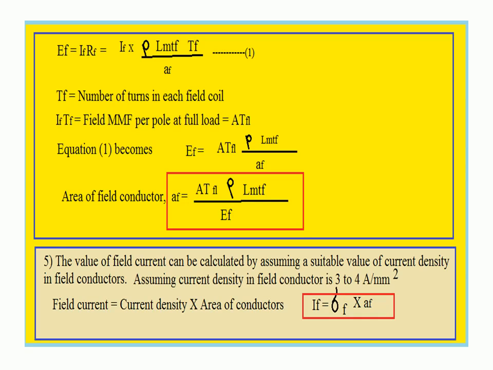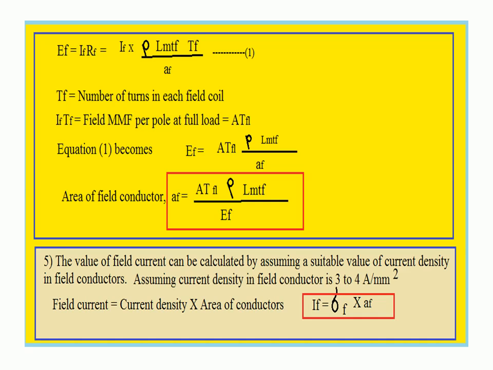You substitute ATFL equal to IF into TF, so equation 1 becomes, and from this relation you can calculate the area of the field conductor AF equal to ATFL, resistivity, LMT divided by EF.